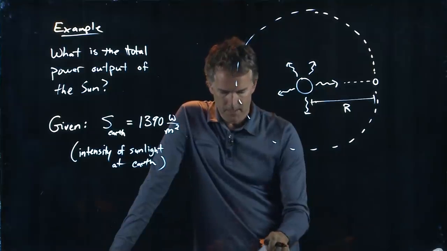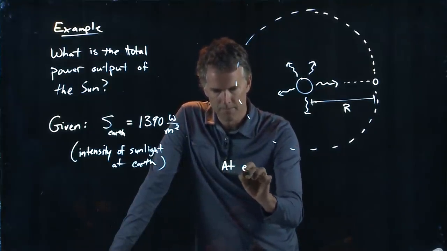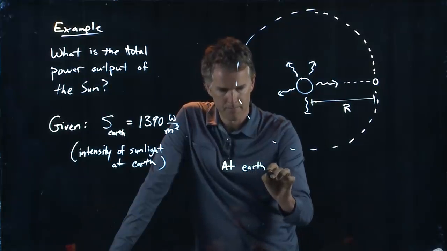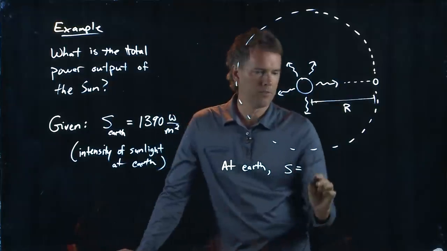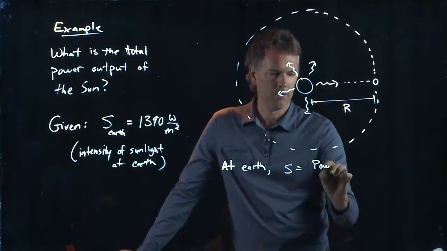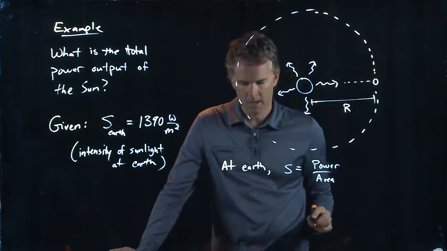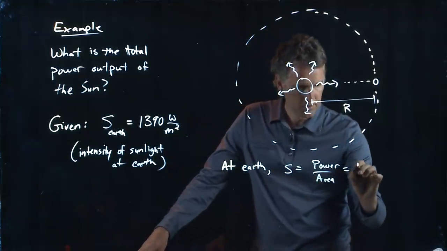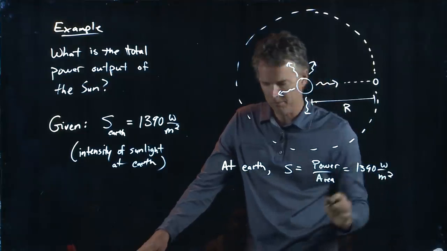All right. How do we do it? Well, at the Earth, the intensity that we measure is just power over area, and that is what we said was 1390 watts per square meter.